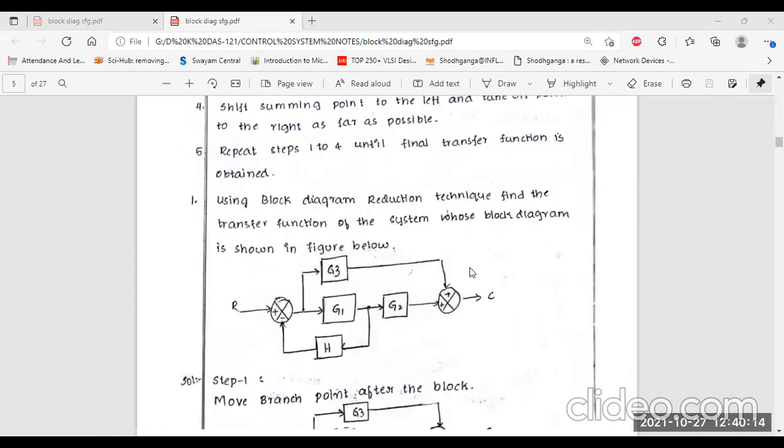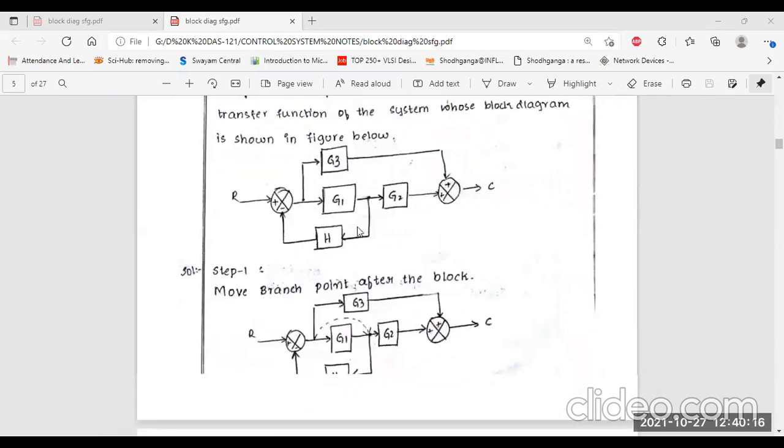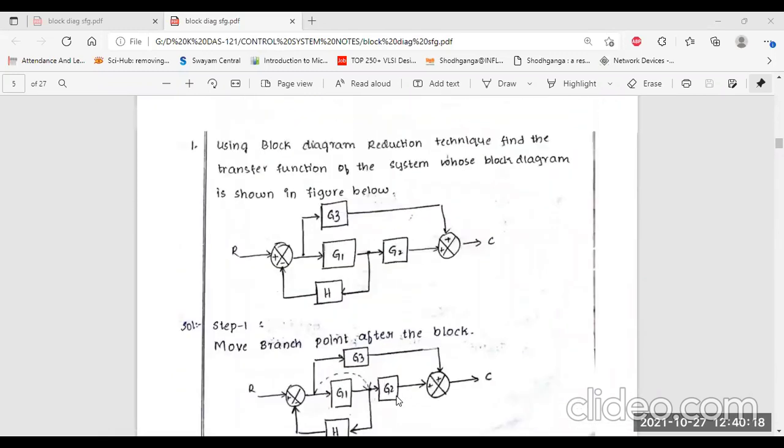So next we will follow one simple example, so that the idea is clear. Using block diagram reduction technique, find the transfer function of the system whose block diagram is shown in the figure below. Now this type of question will be given in your exam.